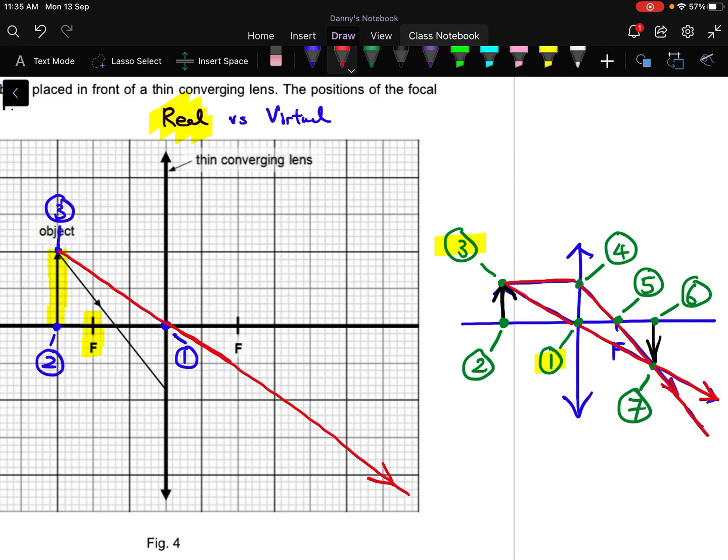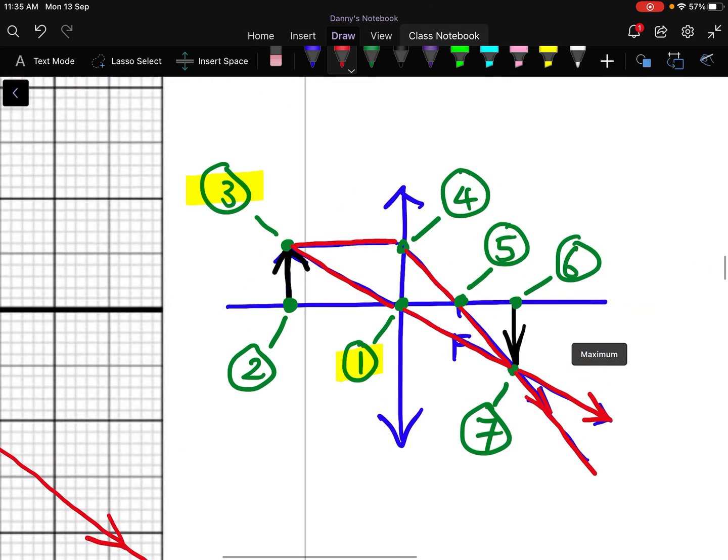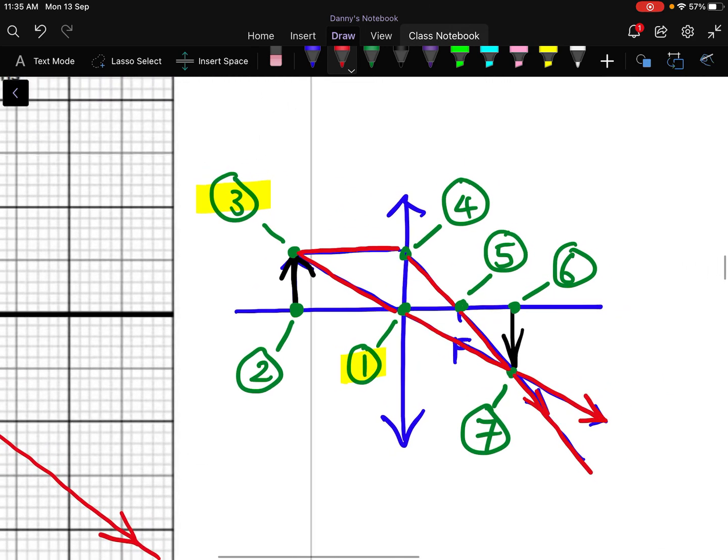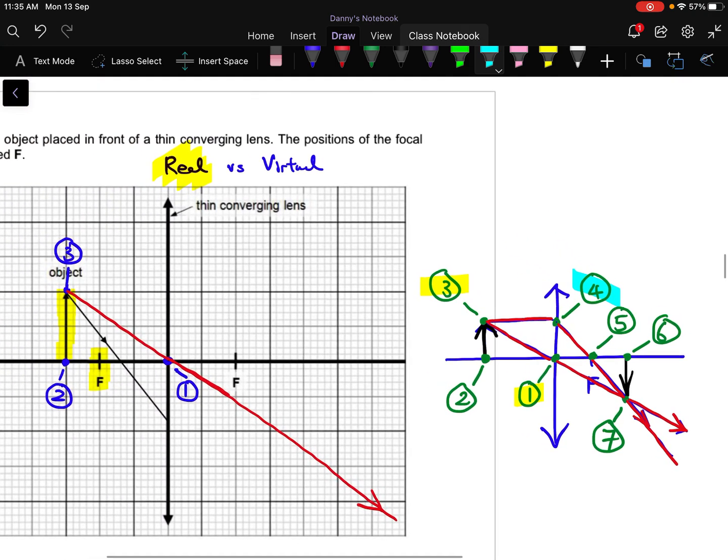Now once I draw this line, then what is the next thing I can draw? So look at the standard diagram, and you can see that since I have point number 3, you can actually locate point number 4, right? So down here, you can draw this, and now I know point number 4.